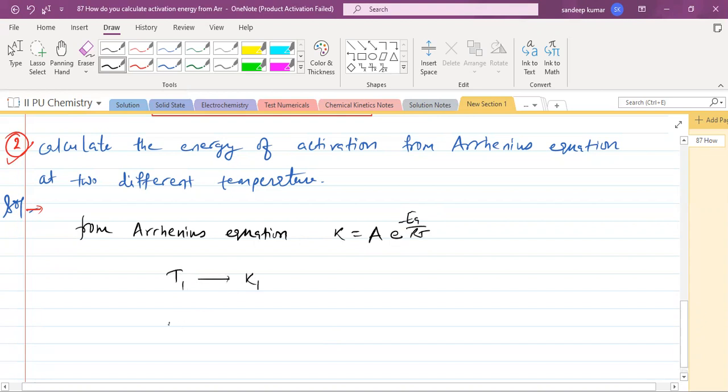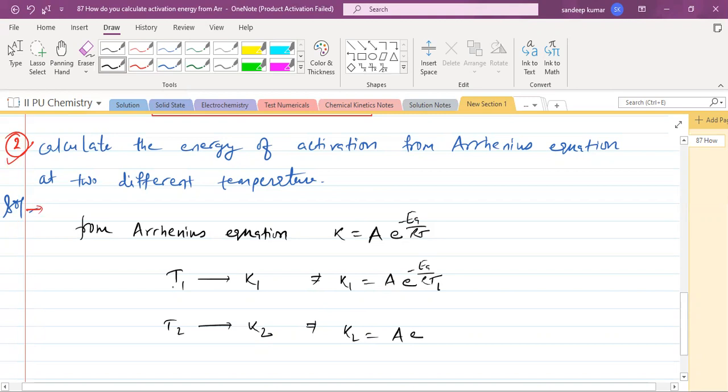When the temperature is T2, the rate constant will be k2. So in this Arrhenius equation, you can write k1 is equal to A into e to the power minus Ea by RT1, and k2 is equal to A into e to the power minus Ea by RT2. Instead of k, I have substituted k1.